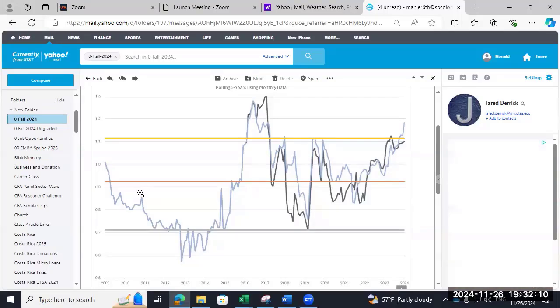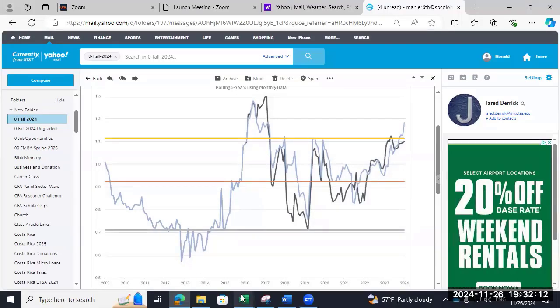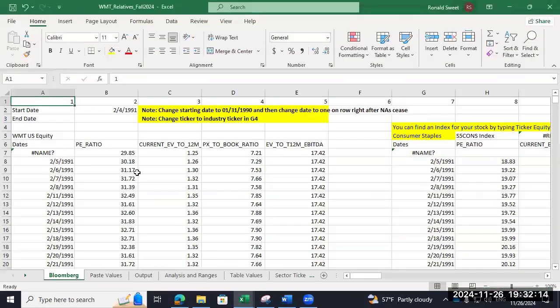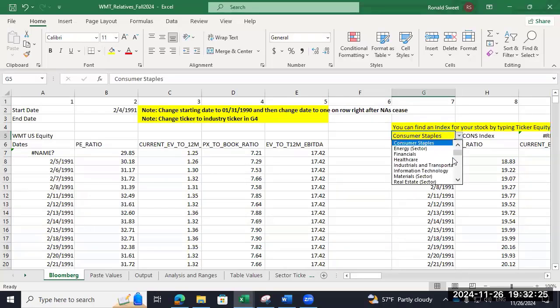I did give you, and I'll show you in the new spreadsheet, you can't do it in here because I'm on Bloomberg, but if you look right here, I gave you all the sectors, and after the sectors, I gave you some other industries that you can do.